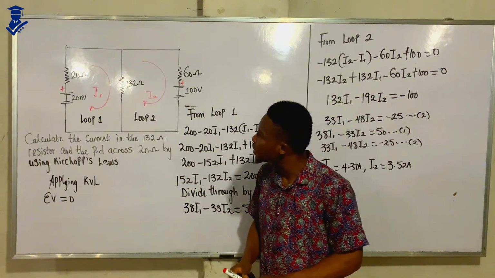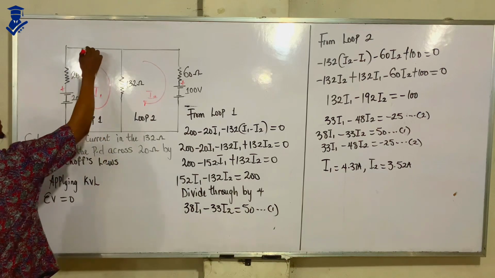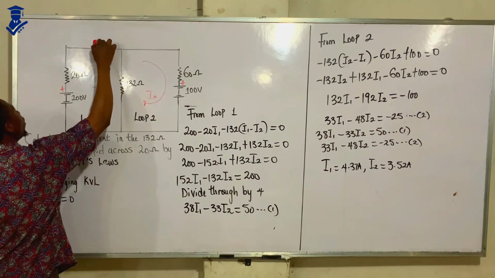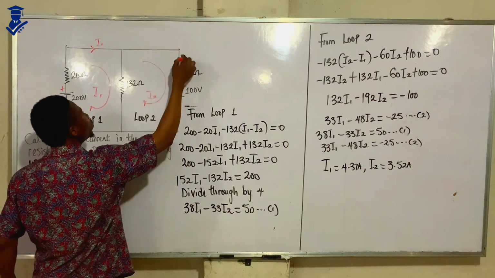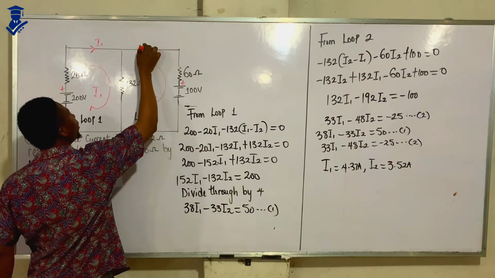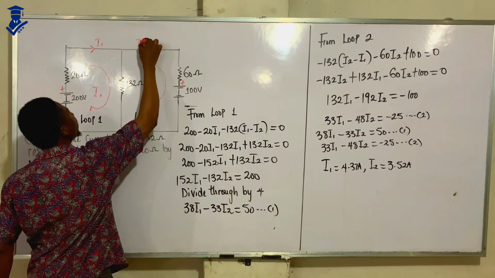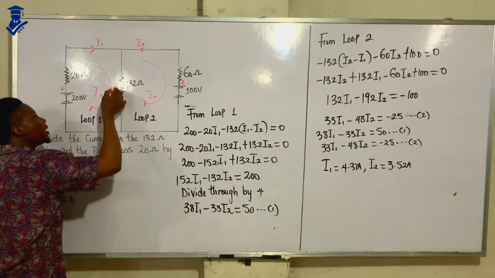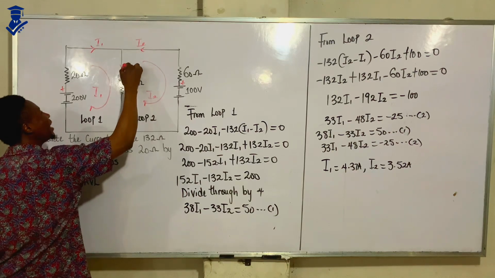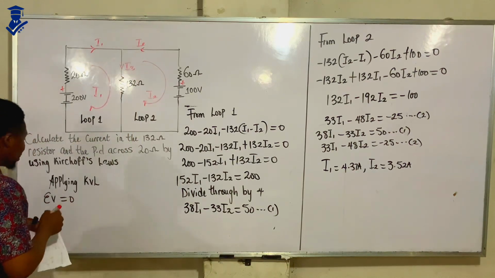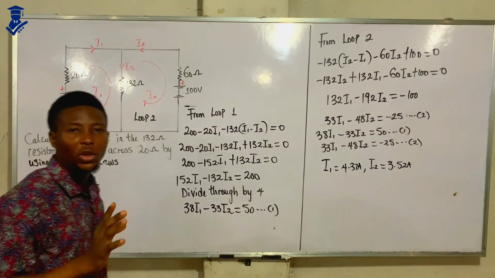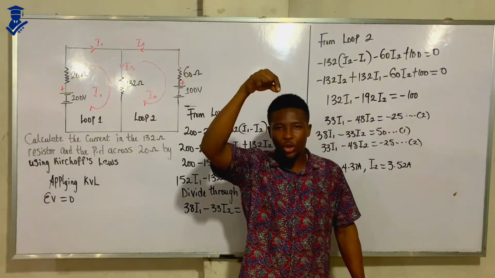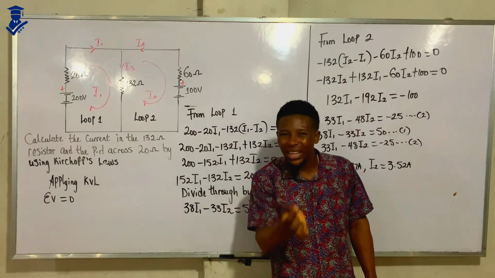Now how do we do that? There's a current flow moving like this, and let's assume it is I1. There's a battery here too, so let's assume there's a current flow moving this direction, which is I2, and let's assume that the current flowing through this 132 ohms resistor is I3. Now do not forget Kirchhoff's current law. It says that the sum of current entering a junction is equal to the sum of current leaving.